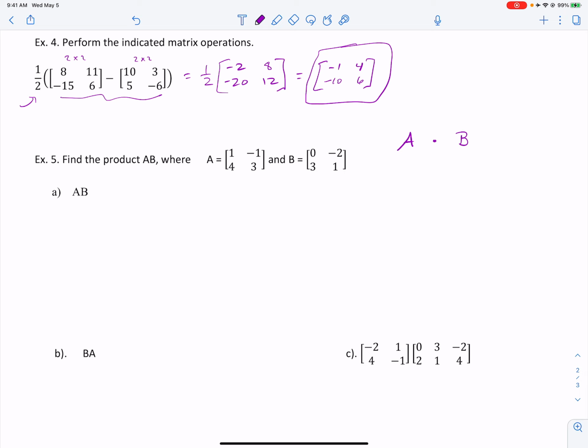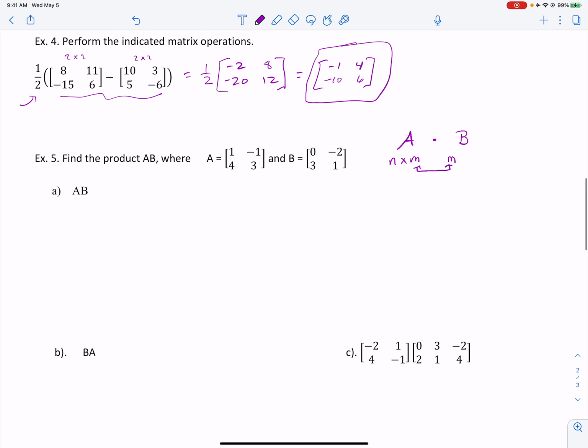When we multiply matrices, we're going to consider the dimensions. The first matrix is an n by m matrix. Then the only way you can multiply is if the second matrix has the right dimensions. Not the same dimensions, but the number of columns in the first has to match the number of rows in the second. So we have an n by m and an m by p matrix.